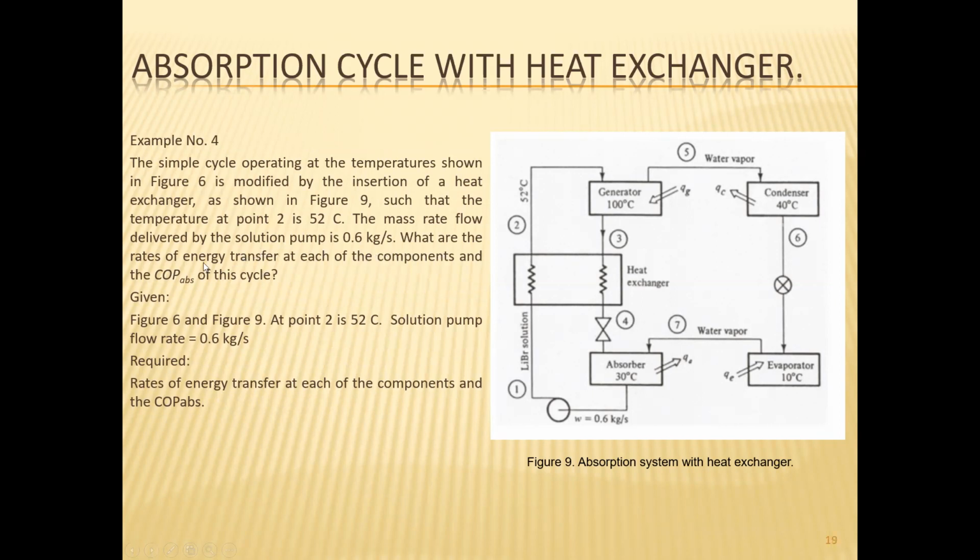What are the rates of energy transfer at each of the components and the COP of the cycle? Given: figure 6 and figure 9, temperature at point 2 is 52C, solution pump flow rate is 0.6 kg per second. Required: rates of energy transfer at each of the components and COP.